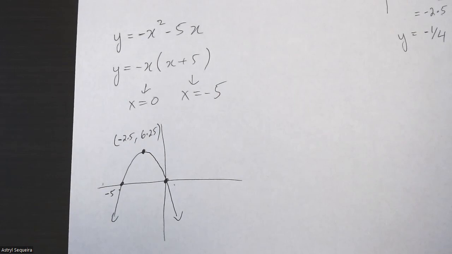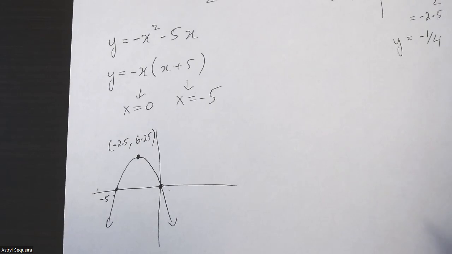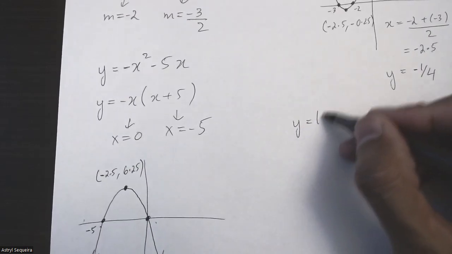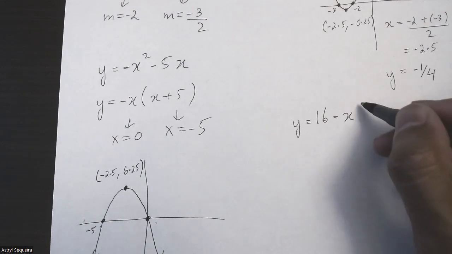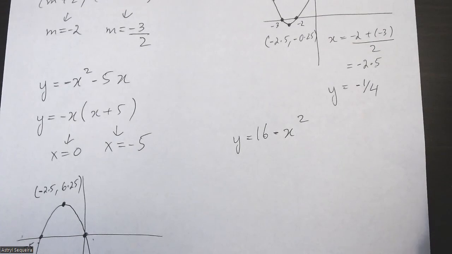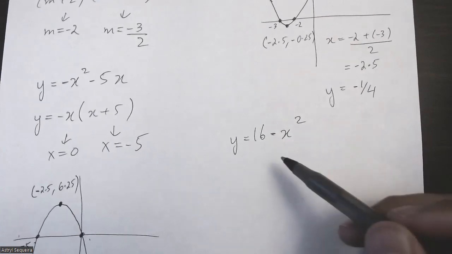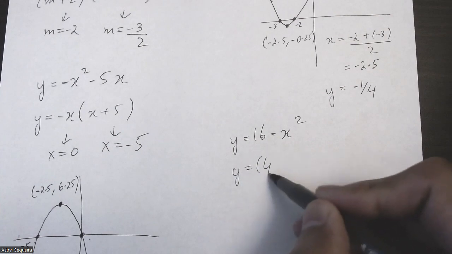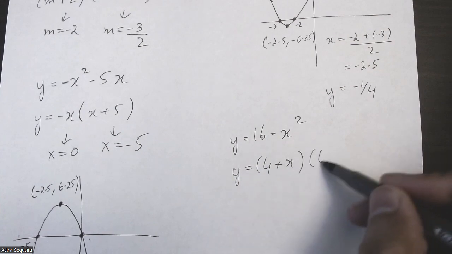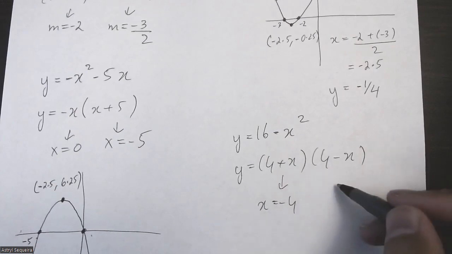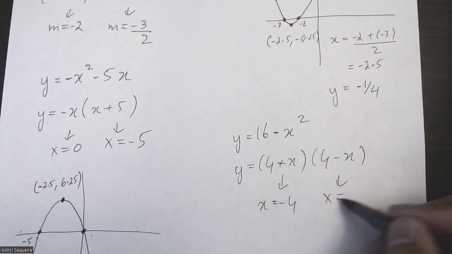And let's do one last one really quick. Let's do y equals 16 minus x squared. So this one can be factored using difference of squares. It's 4 plus x times 4 minus x, which means my zeros are negative 4 and positive 4.